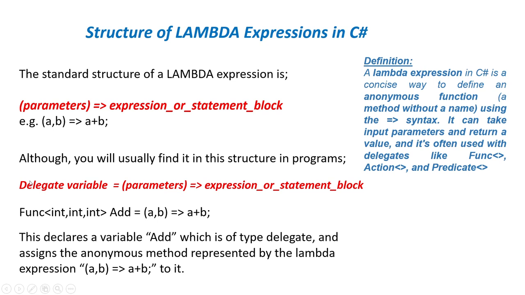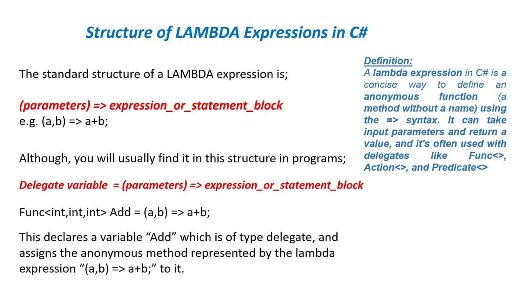The key is what I've been explaining here: a lot of times the lambda expression is not used on its own. It is used in conjunction with, or in the context of, a delegate.